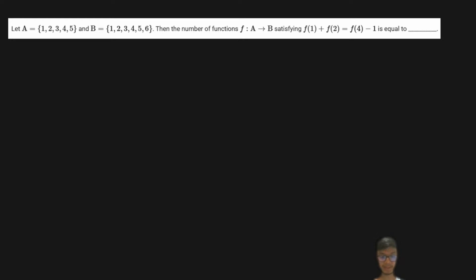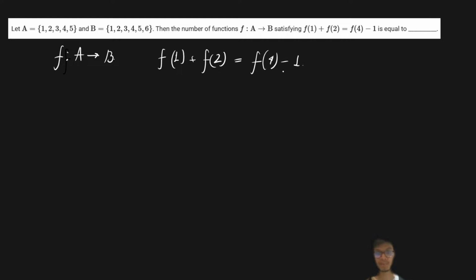If you look at the problem, you are given a set A and a set B, and your function going from A to B satisfies the following condition, that is f of 1 plus f of 2 is equal to f of 4 minus 1.